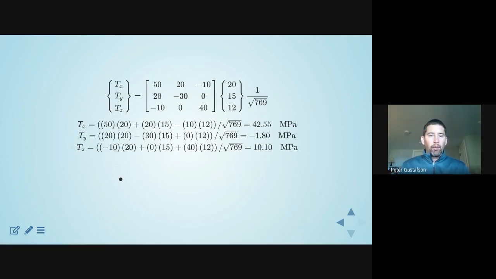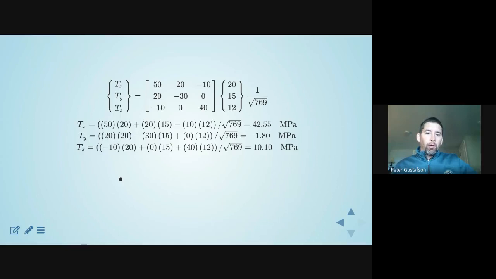Okay, so from that, of course, then we're looking back at that Cauchy formula. So what you're seeing here is the Cauchy formula. The traction vector is equal to the stress tensor dotted with the normal vector. Now here, the stress tensor is written in the square brackets. The normal vector I left in its original form, where it's now written as a vector 20, 15, 12 times 1 over the square root of 769.